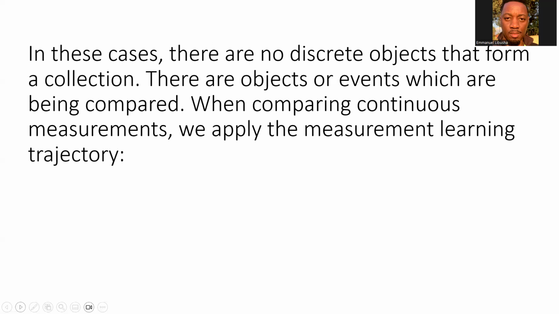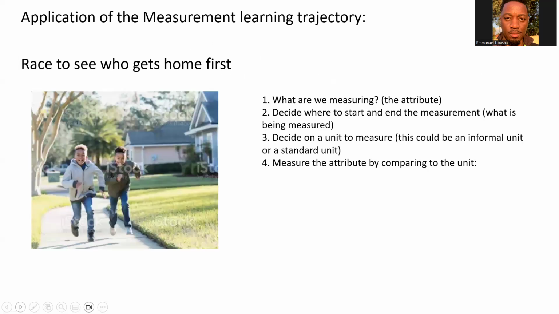So in these cases, they are not discrete objects that form a collection. They are objects of an event which are being compared. When comparing continuous objects, we apply the measurements learning trajectory. And this helps you to understand this particular concept. So when you, for example, as I said earlier, in these particular pictures, what are we measuring here? Which is the attribute? We're measuring the distance, who will arrive first, right? Or we're measuring time.